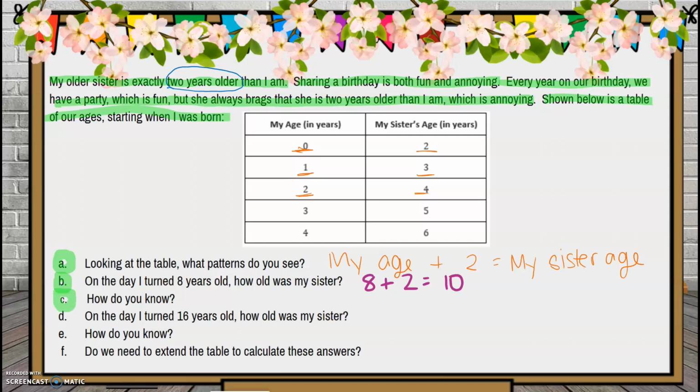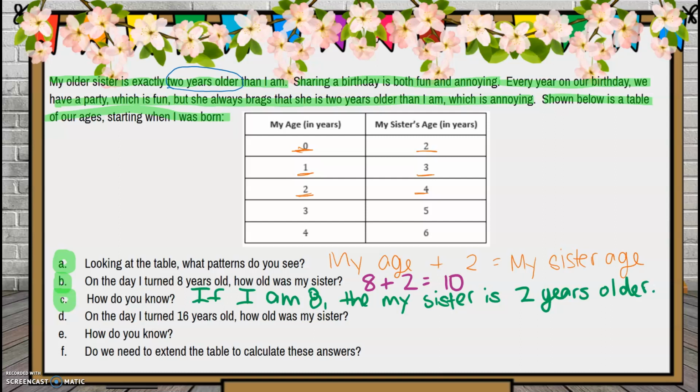We know this because if I am 8, then my sister is always 2 years older. Okay, and so we know that whatever my age is, I have to add 2 for my sister's age.